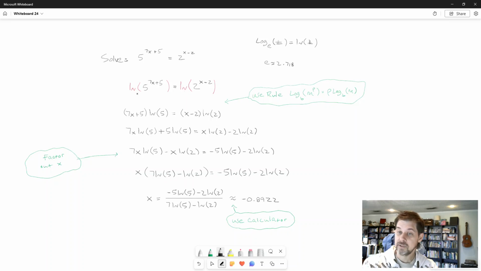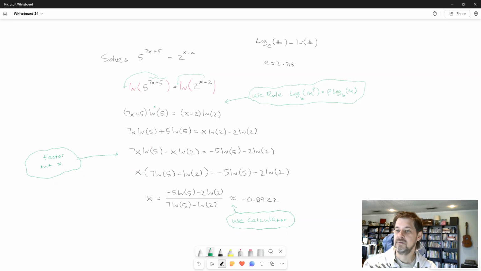In an equation, what you do to one side, you do to the other, which keeps it balanced, and that allows me to move these powers out there, and now they're not powers anymore, now they're multiplying. So it says 7x plus 5 times natural log of 5, and then x minus 2 times natural log of 2.